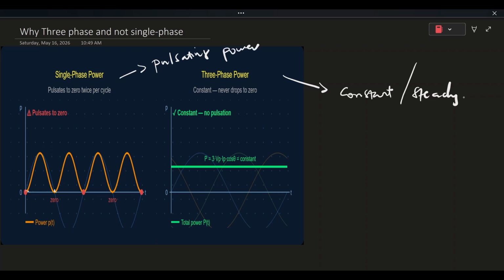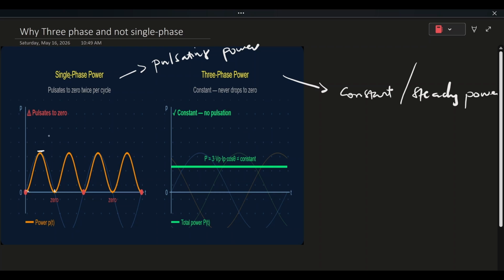That is to say that from 0, power increases because voltage and current increase. At this point we'll have maximum power produced.